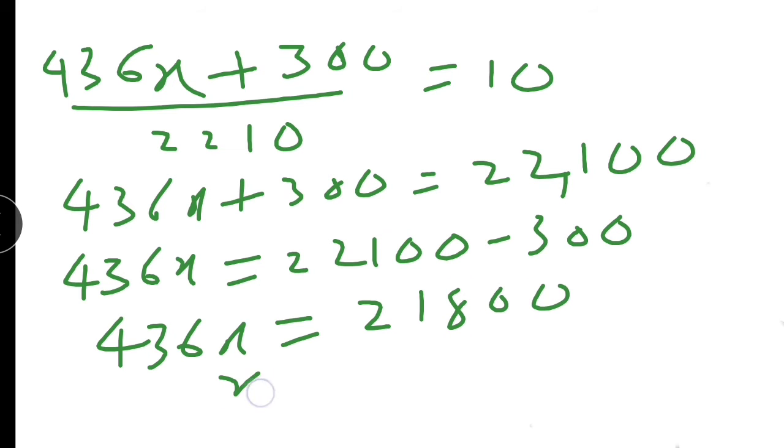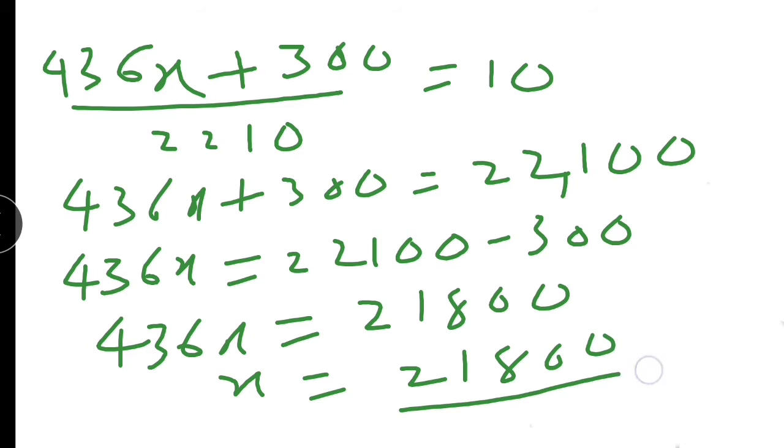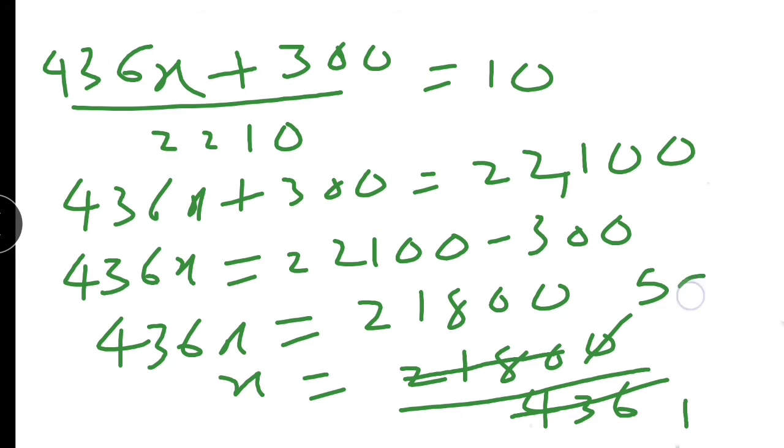So now x equals to 21,800 divided by 436. 436 5s are 2180, and beside it one more 0, so 50. So the x value is 50.